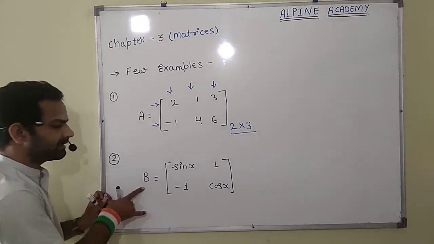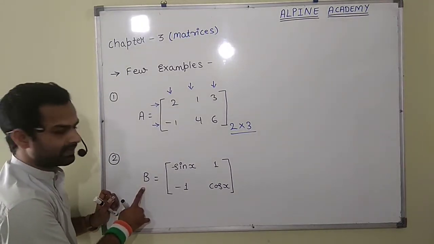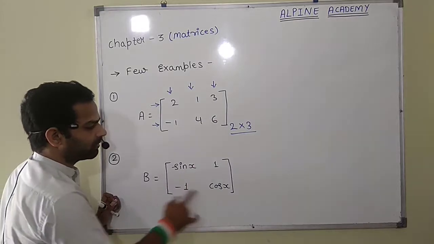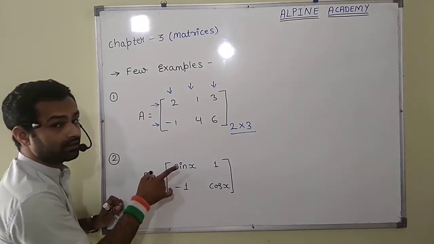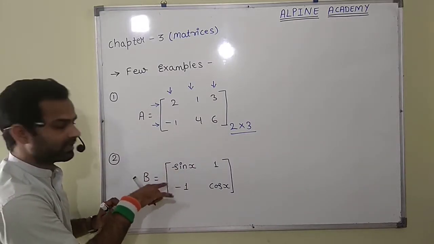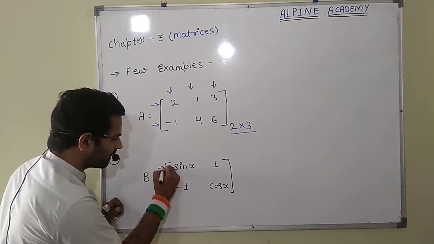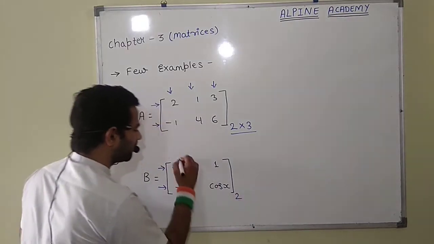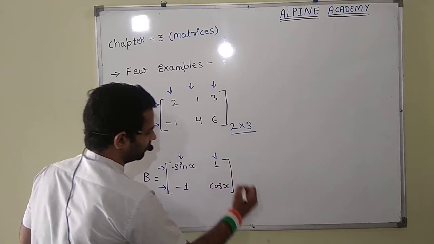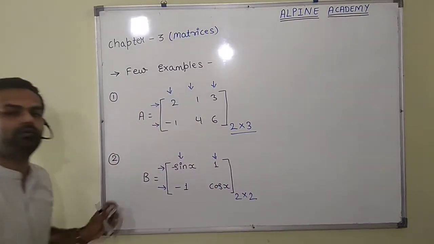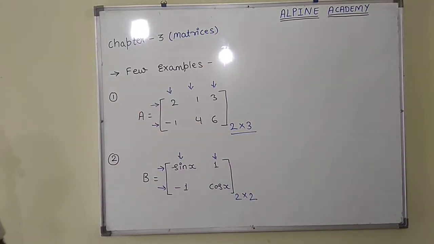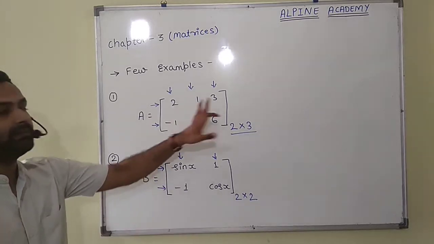Okay. Now in this second example, we can see that in this matrix there are total 4 elements. And the form of arrangement is that the total number of rows is 2 and the total number of columns is also 2. So this can be written as a 2 cross 2 matrix. You can see that the value of an element can be anything.